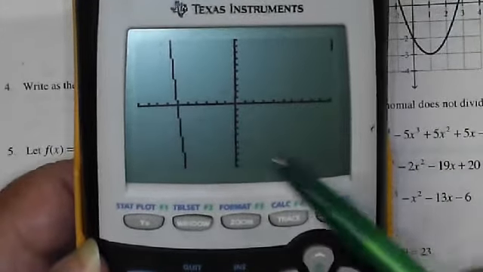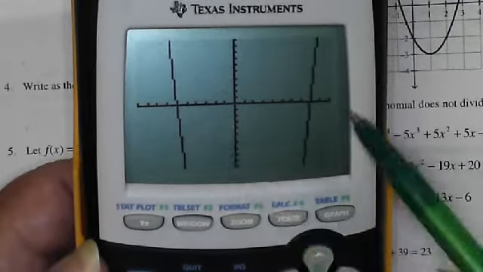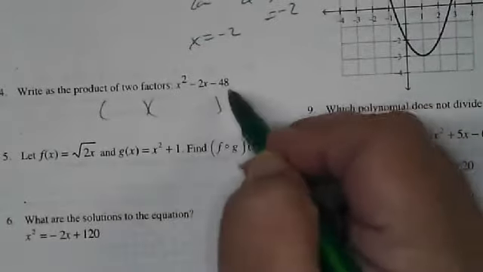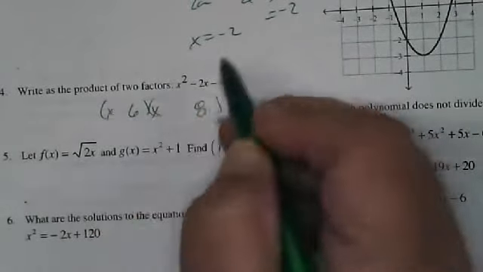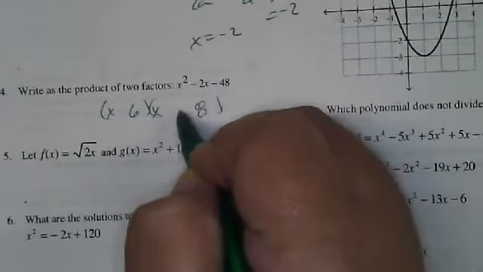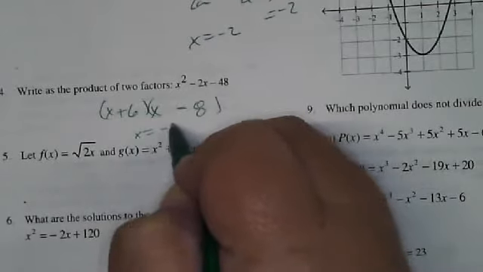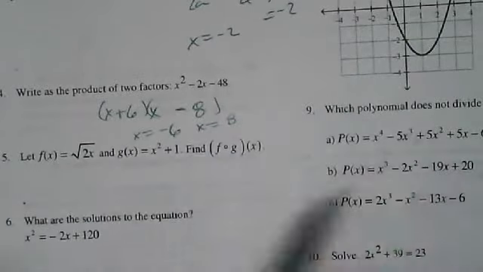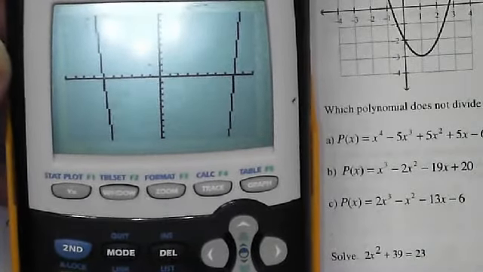Hit graph, and you can see one, and you can see the other. No problem. You can also get them from the table. Or you could just know that 48 is 6 and 8. And we want a negative 6, a negative 8 and a positive 6, so x is equal to negative 6 and x is equal to positive 8, and that's exactly what you got on your calculator.